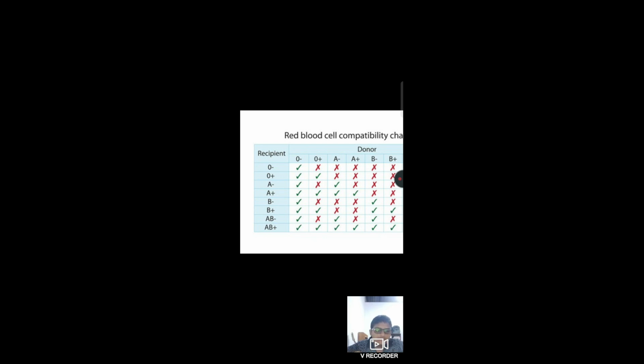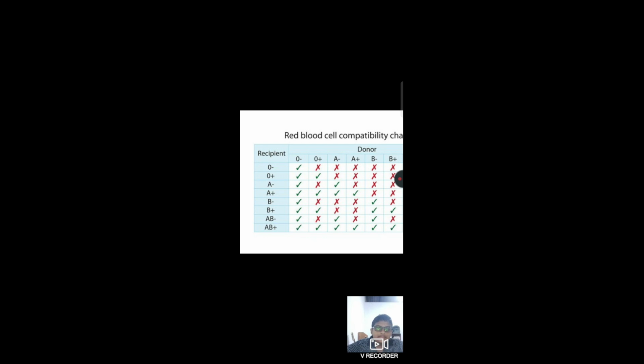So when the donor gives the blood to the recipient, the rhesus factor is going to the recipient's blood. There was no rhesus factor, so a new protein is added to the recipient's blood. That cannot happen, because if that happened, the blood will clot inside the recipient's body and the recipient will die.